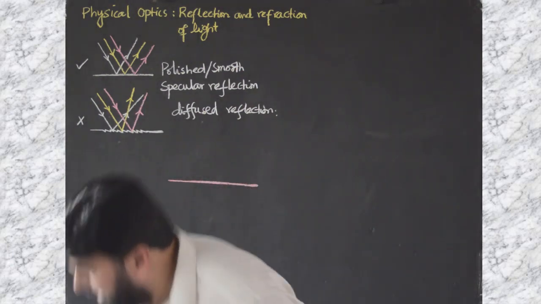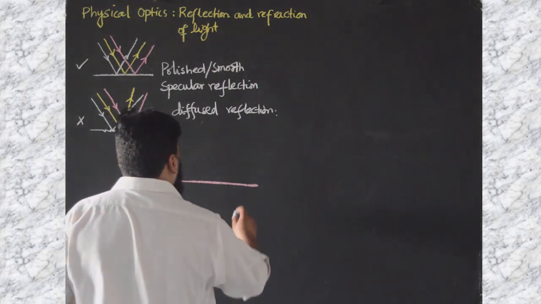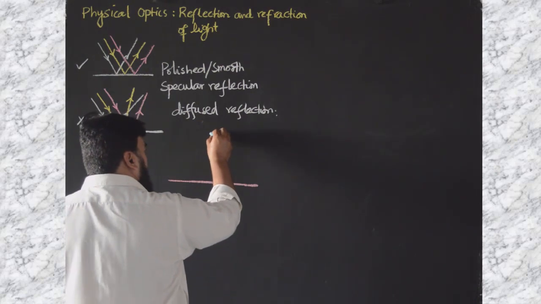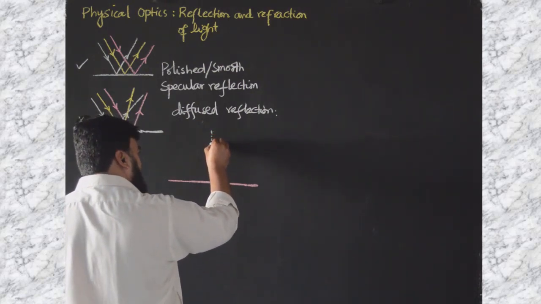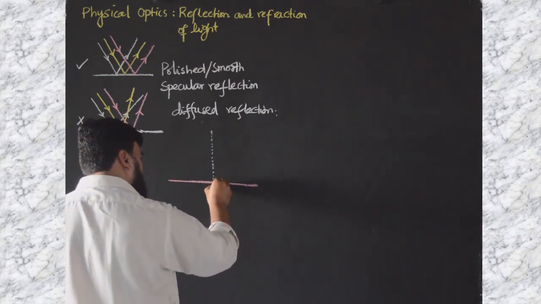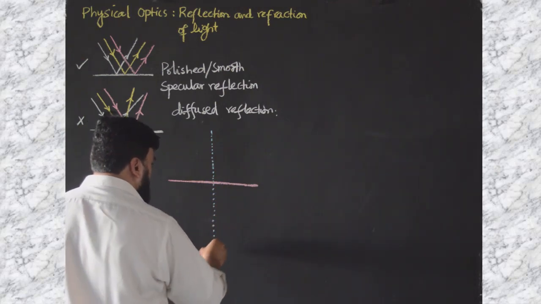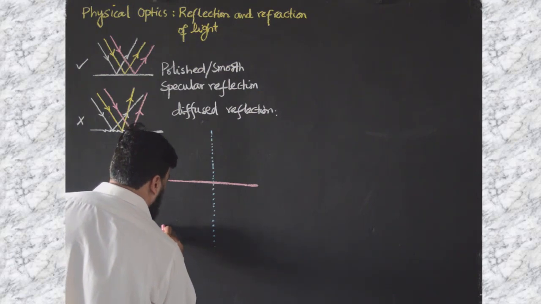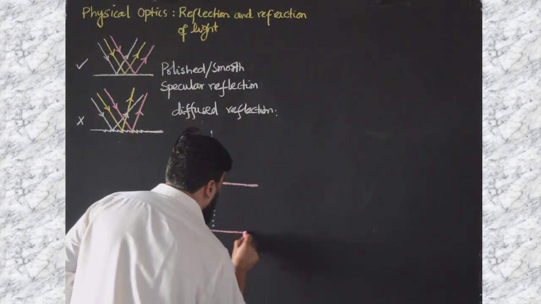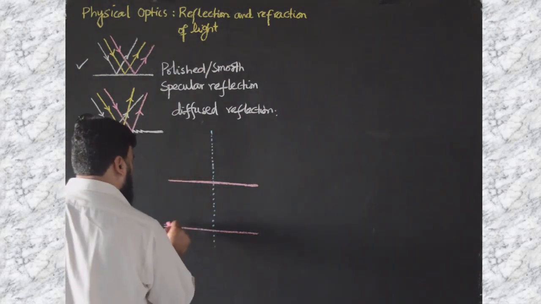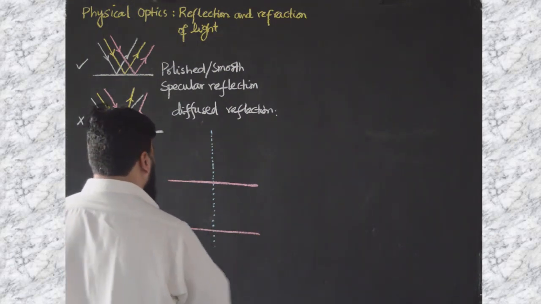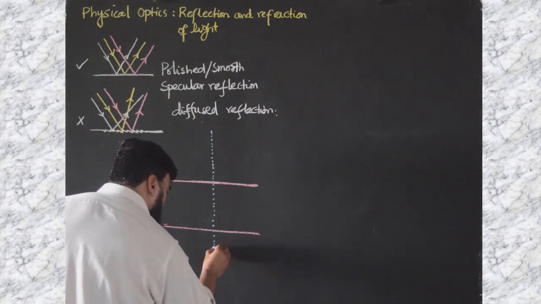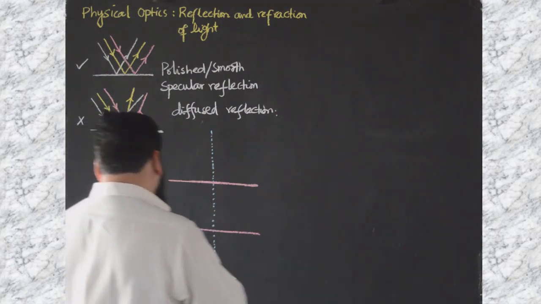The very first thing is that I will have to draw a perpendicular line to this surface. The material has some thickness, up to here. Now, with this perpendicular line, we will develop some mathematics.